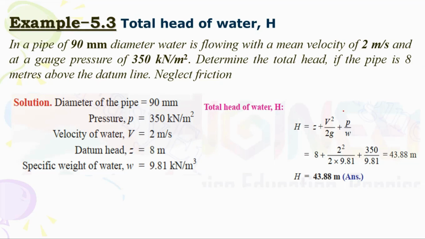So you have equation, total head of water is according to the general equation of Bernoulli. You have this equation, potential head plus velocity head plus pressure head. This is specific weight of water. So you simply, since you have Z, which is 8 meters above the datum line, if this is datum, then the pipe is somewhere above this level.